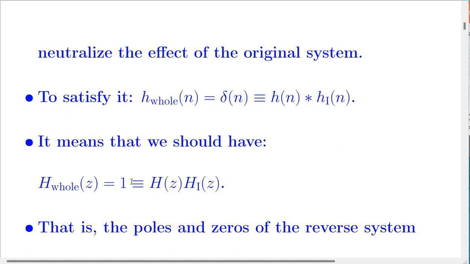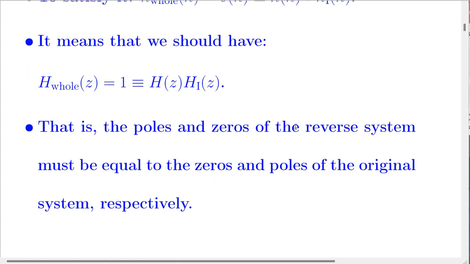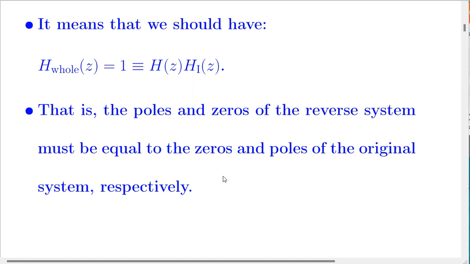It means that we should have h whole of z be equal to 1, which is equivalent to h of z times h inverse of z. That is, the poles and zeros of the inverse system must be equal to the zeros and poles of the original system respectively, but in the inverse manner. Okay?